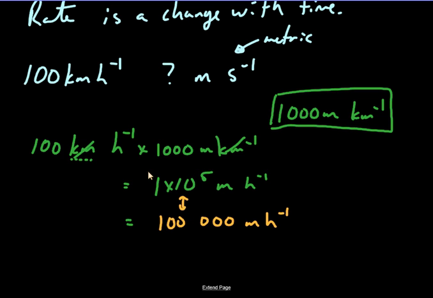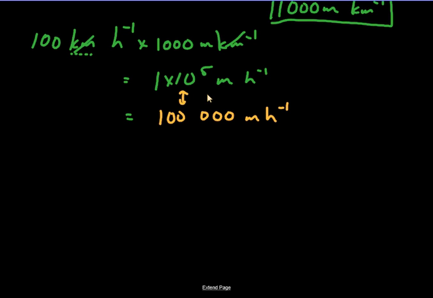The more you see it, probably the more sense it makes, but since our main goal isn't really dealing with this type of notation, I'll also write it like this just to help make it more clear. So 100 kilometers, there's 1,000 meters in every kilometer, so we have 100,000 meters happening every hour. Now for the second part, we have to change hours to seconds.